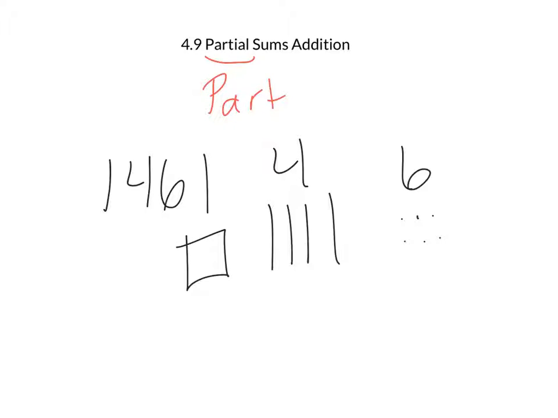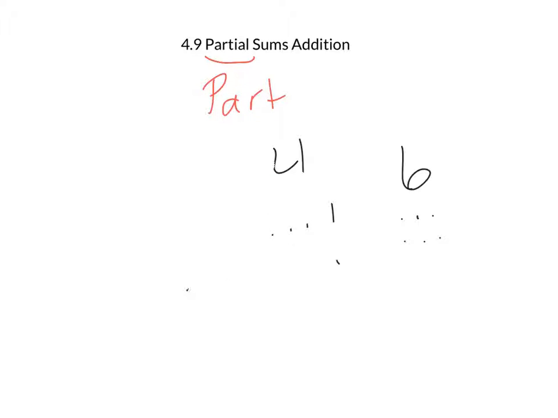Remember, those are our base 10 block numbers, because when we're doing the partial sums addition strategy, we're going to break the number into parts based on its place value.